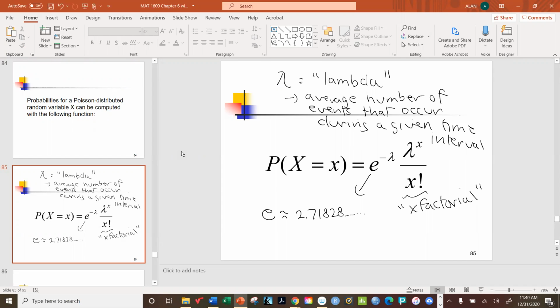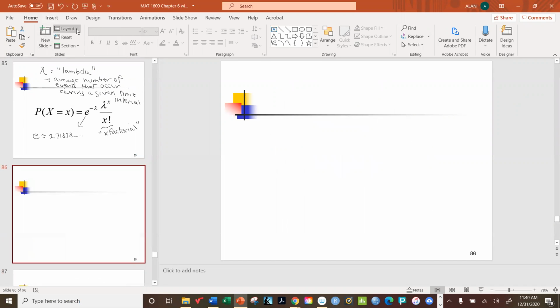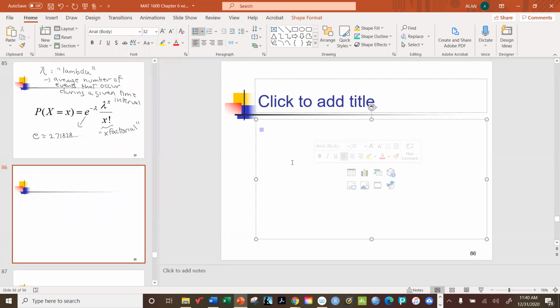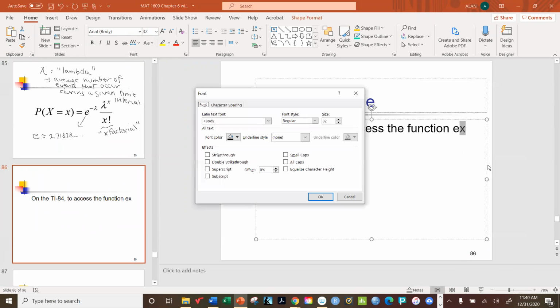So let's say if you went to your calculator, if you hit second to access this function, e to the x, I have to quickly change this into a superscript.